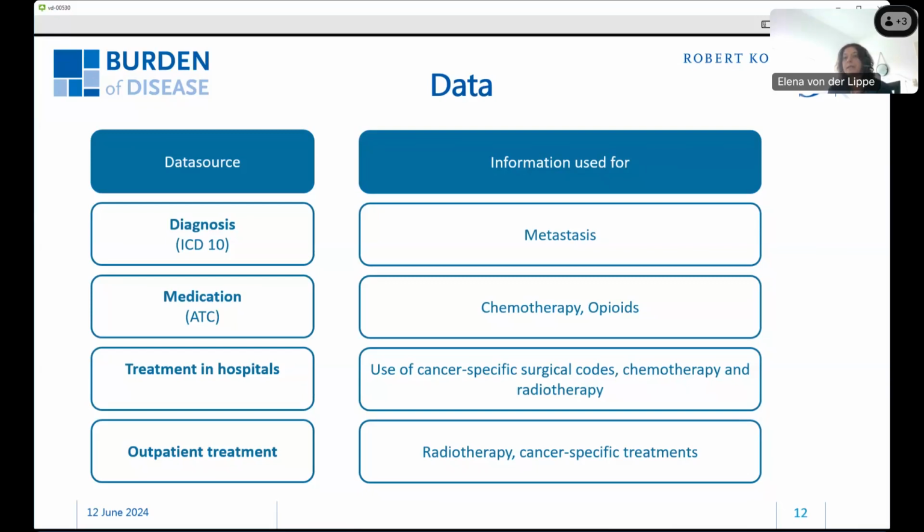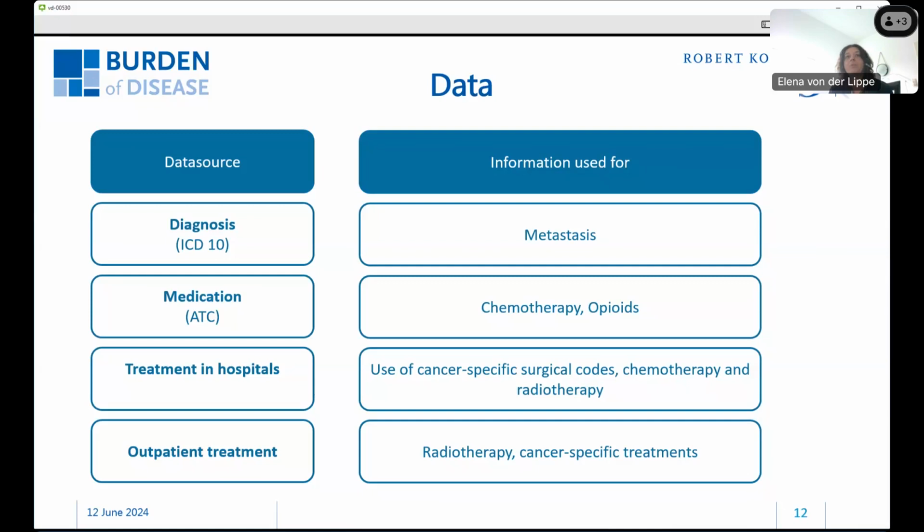so we could use this information to assign to the patients if they were taking chemotherapy or any kind of opioids. We had the information from the treatment in hospitals that our patients have received, from which we could use the information for cancer-specific surgical codes, for chemo or radiotherapy.